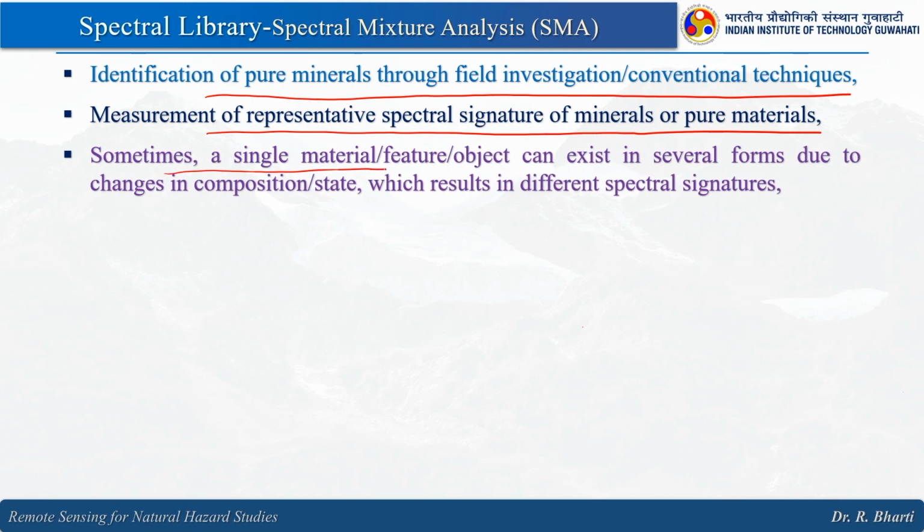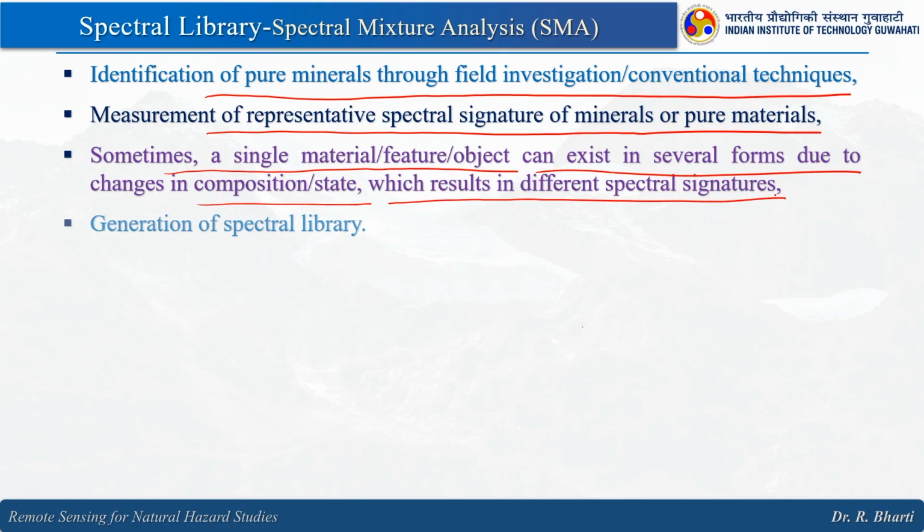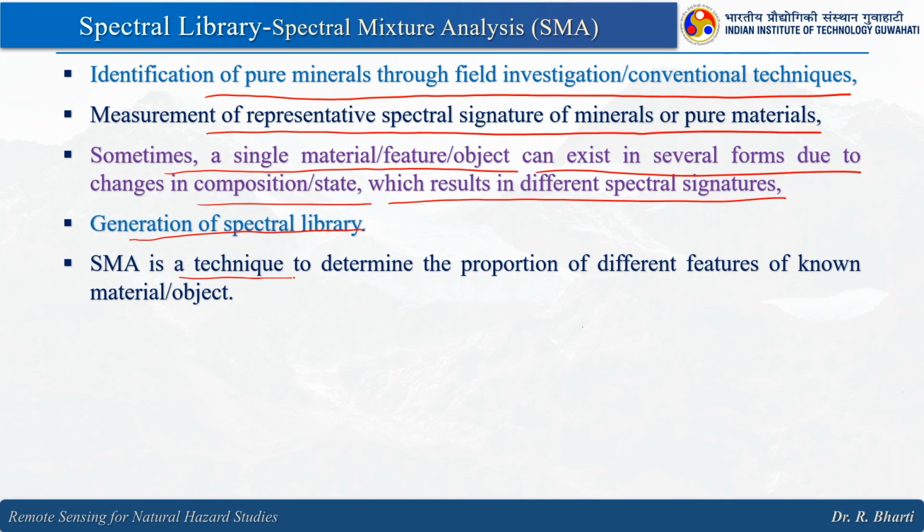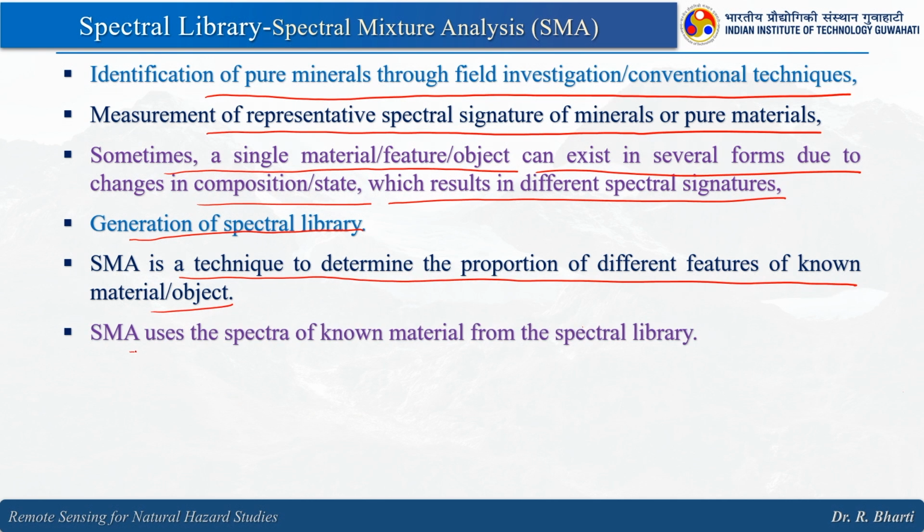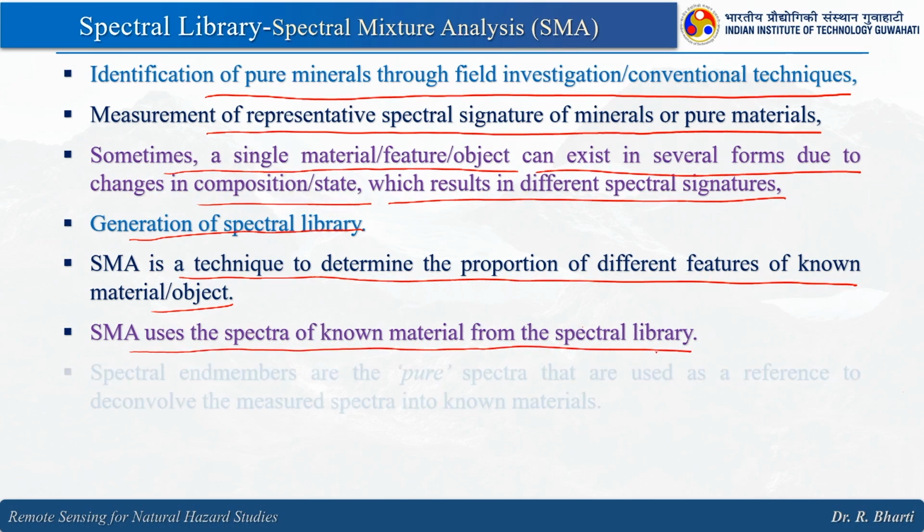Sometimes a single material feature object can exist in several forms due to change in the composition or state, which results in different spectral signature. Then we go for the spectral library. SMA is a technique to determine the proportion of different feature of known material object. SMA uses the spectra of known material from the spectral library.